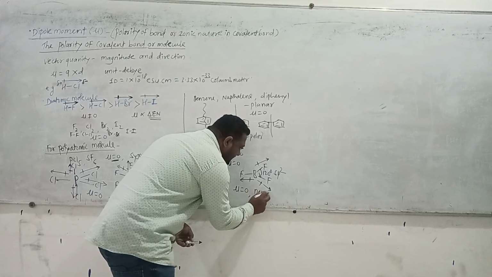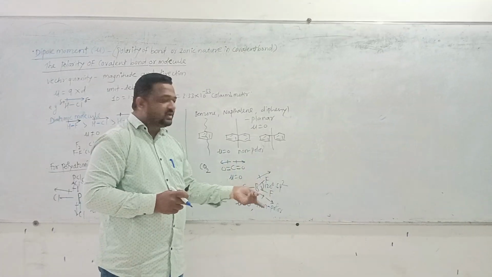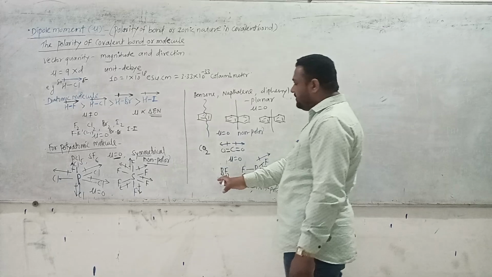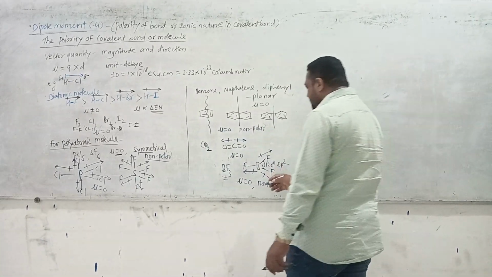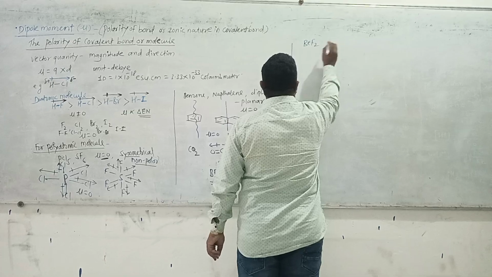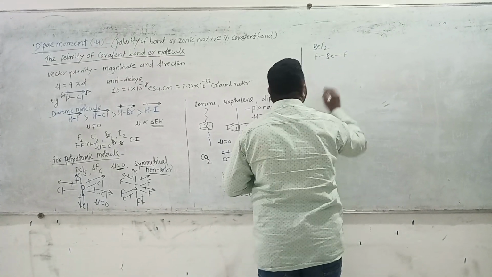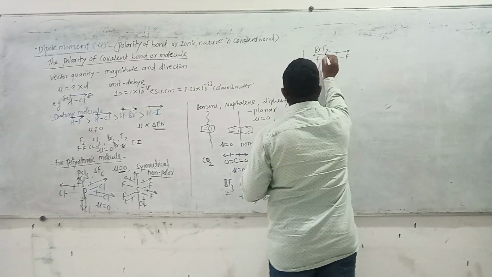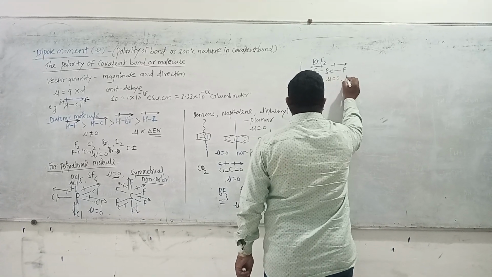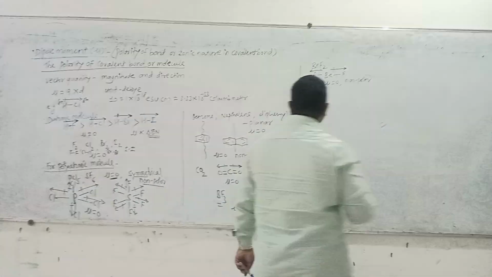If the dipole moment is 0, the molecule is non-polar, and if the dipole moment is not equal to 0, the molecule is polar. BF3, BCl3, all of these are non-polar. Again consider BF2, BCl2 molecules. In this case also chlorine is more electronegative. The two bond dipoles are in opposite directions, so the dipole moment value is 0, and the molecule is non-polar. Understand that dipole moment 0 means the molecule is non-polar.